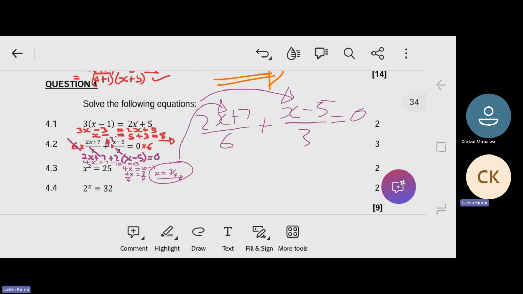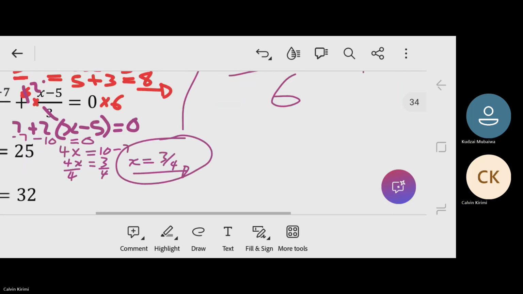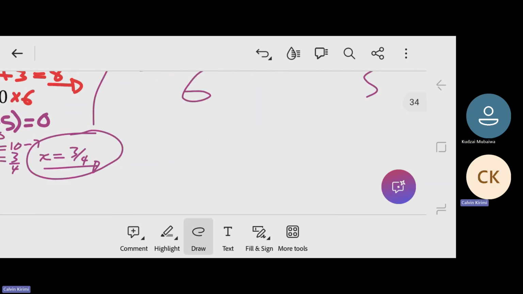Let's go to the next one, which is x squared is equal to 25. Solve for x.